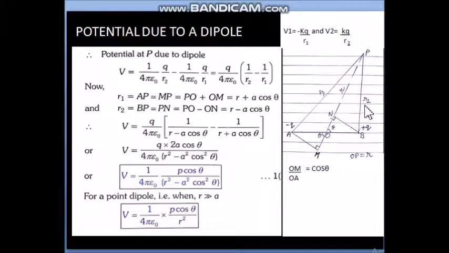So the R2 distance is NP, or PN. Now the PN value will also be obtained from OP. PN is actually the whole OP from which we subtract the ON distance. So now the subtraction sign will be obtained.